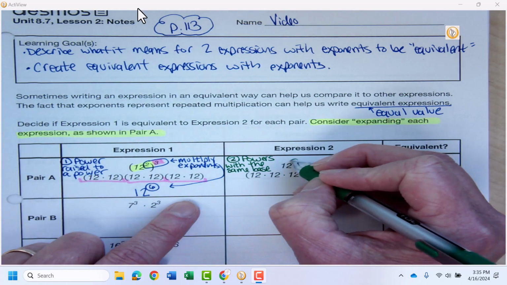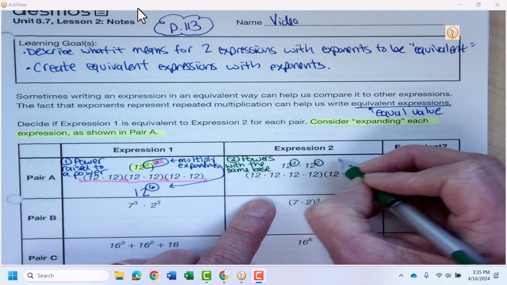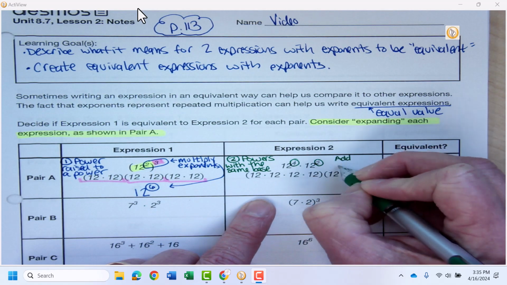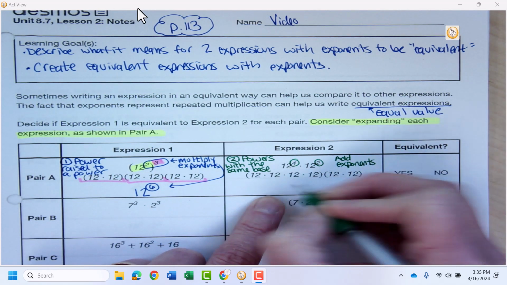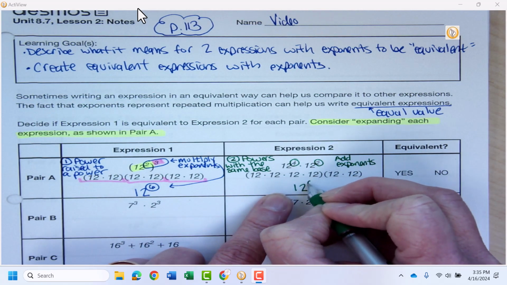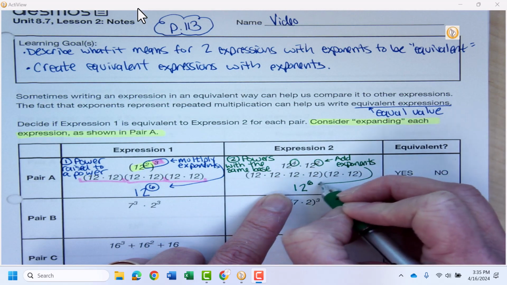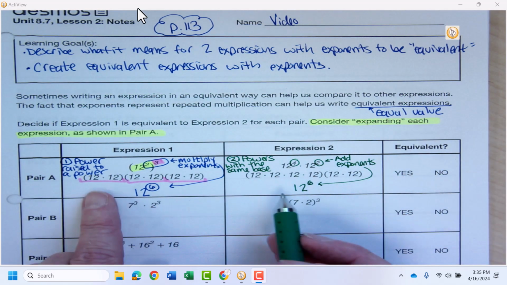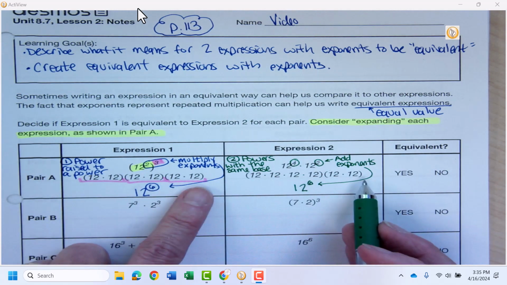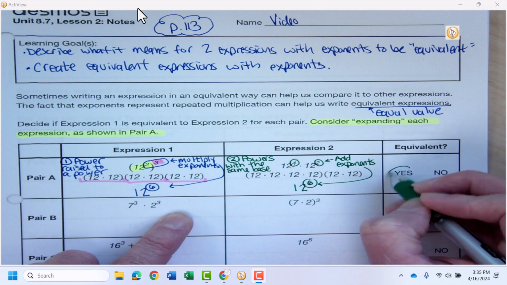And I'm really adding these exponents to get the total number of factors. And again, I have 12 to the sixth power. And that's where the 6 really comes from. So in both cases, I have 6 factors of 12, or 12 to the sixth power. So these are equivalent expressions.